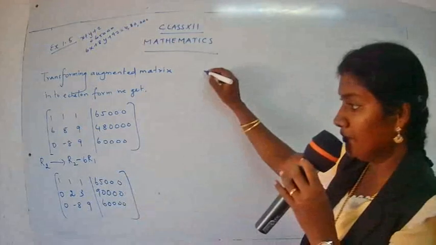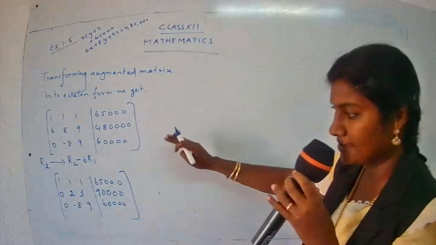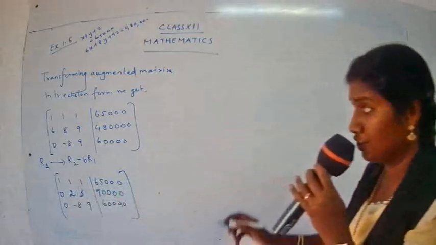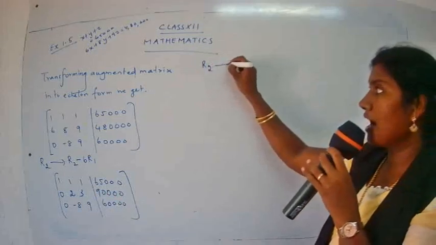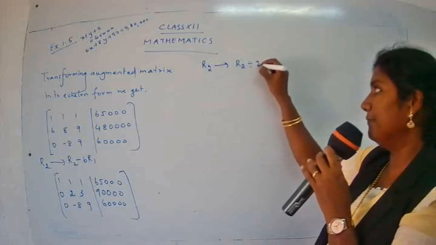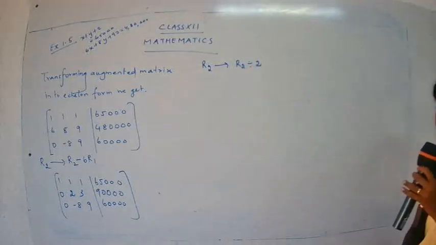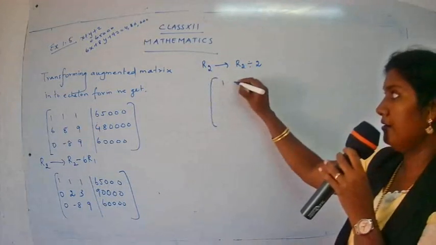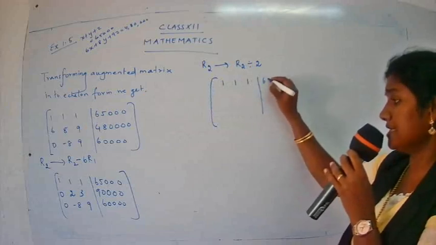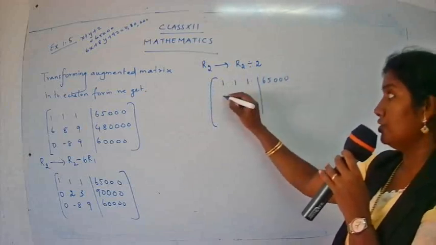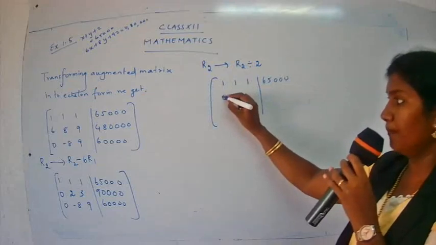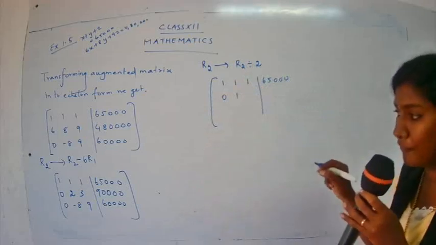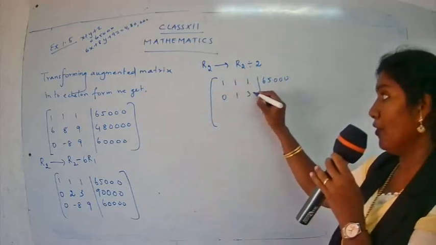So what I do is, I keep row 1 as it is and row 3 as it is, and I divide R2 by 2. So R2 changes to R2 divided by 2. Only a division is done in the second row. So let's do the division. 1, 1, 1, 65,000. 0 divided by 2 is 0, 2 divided by 2 is 1, 3 divided by 2, don't write 1.5, just keep it as 3 upon 2.